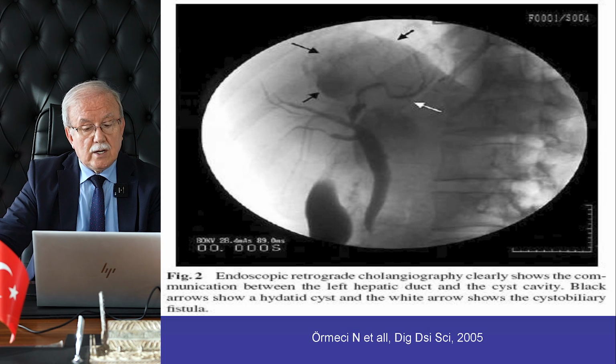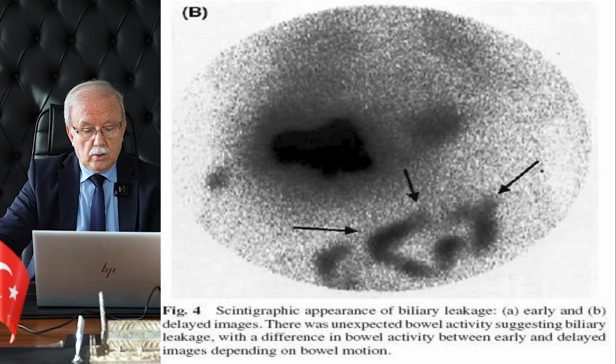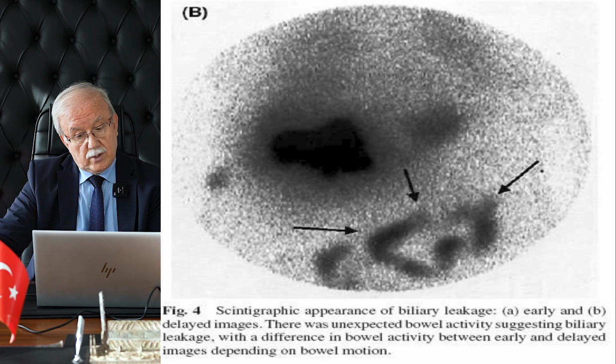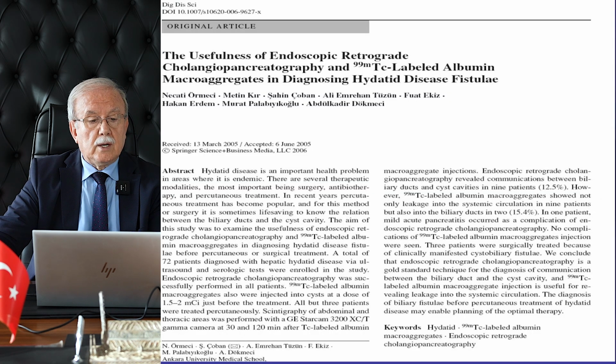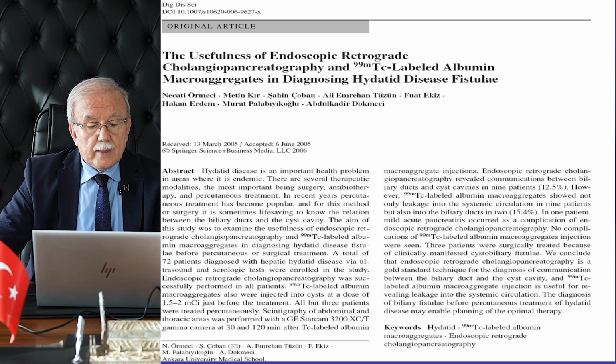We never saw any kind of sclerosing cholangitis after the treatment. This is also a macroaggregated albumin injection. After the injection, there is a connection between the bile ducts and the cyst. We also published the article in Digestive Diseases and Sciences in 2005.